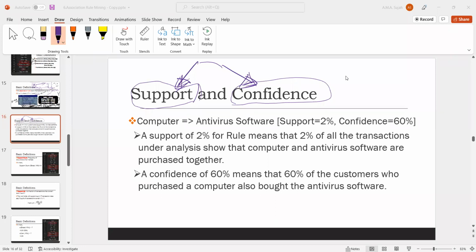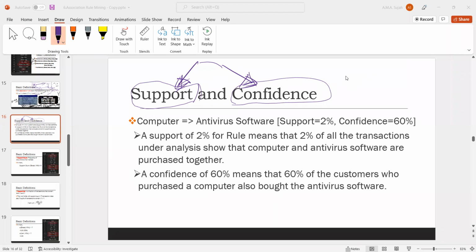Okay, before I explain what support and confidence are, I will explain with an example. Then you can easily understand. Let's imagine we have a shop. That shop contains different things: laptops, computers, software, antivirus software, printers, storage devices, network servers, networking routers.